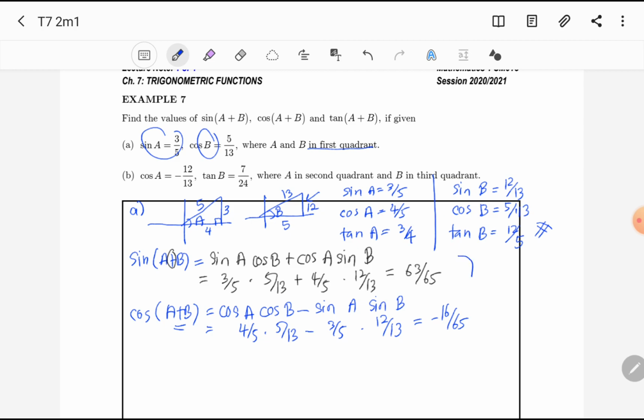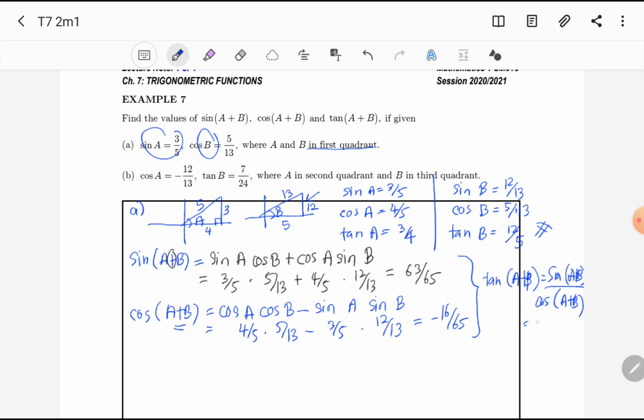Okay, and the last one. From these two answers, we know that tangent A plus B equals to sin A plus B over cos A plus B. So, equals to, okay, dapat apa?